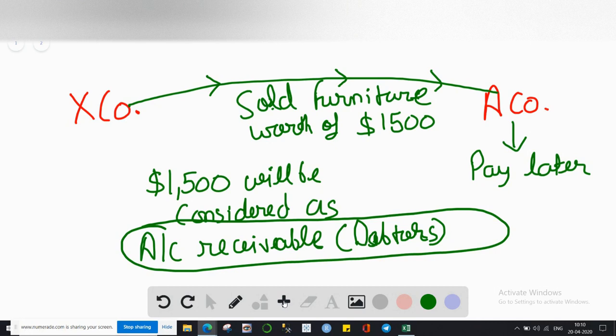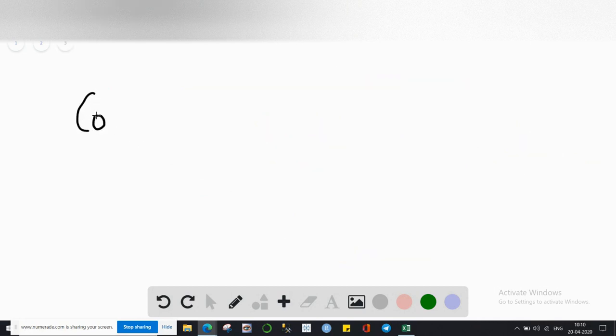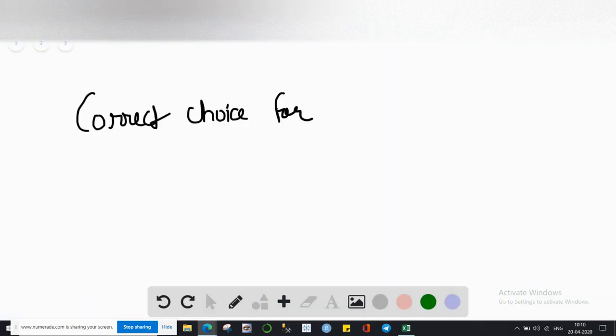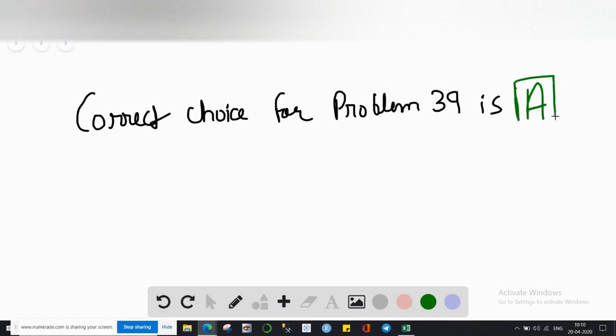So that is why we have the correct choice for problem 39, which is A. Why is that so?